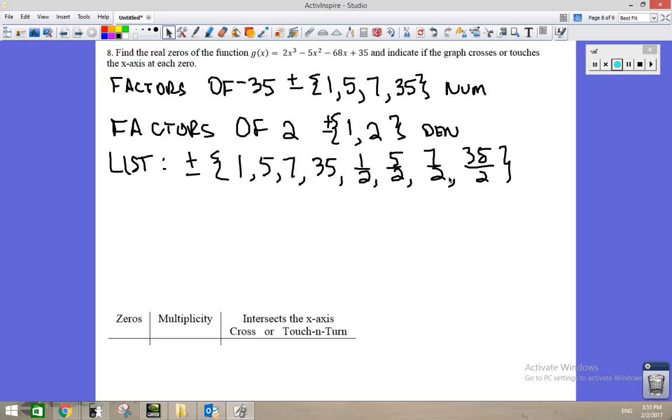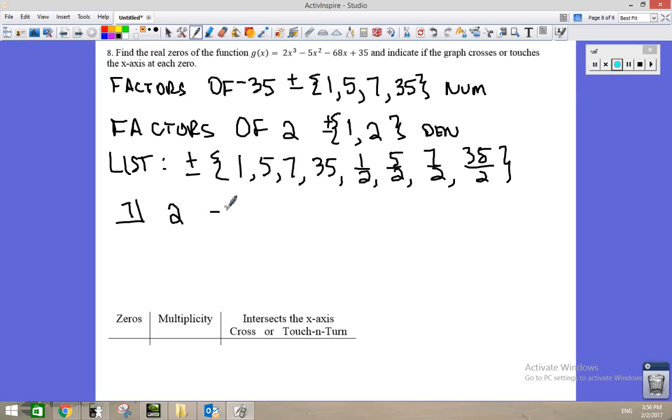I've done a few ahead of time because what I'm afraid of, if I just sit here and go through this list, there might be a lot of them that aren't zero. So if we get to this positive 7, I know from in class that somebody told me that was a 0. So let's see, this is in standard form with no missing powers of x.